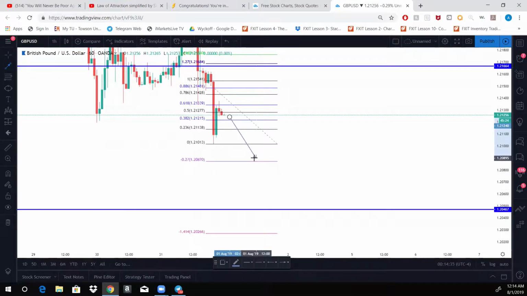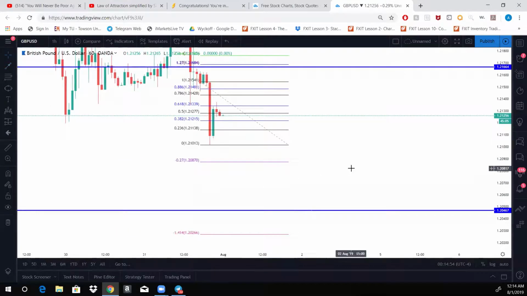Definitely 1.27 or -27, depending on how you have your FIB settings. Possibly even here 1.414, but definitely this level, and this is an 80 pip potential trade, right? So we might get this move overnight, during the London session.